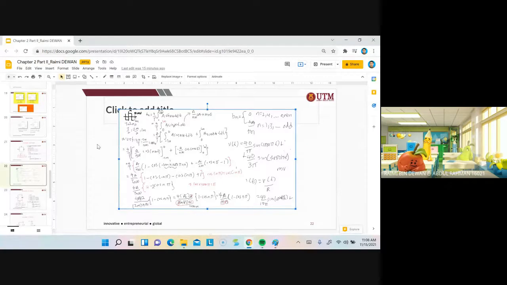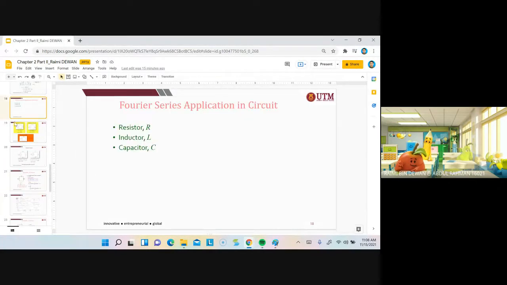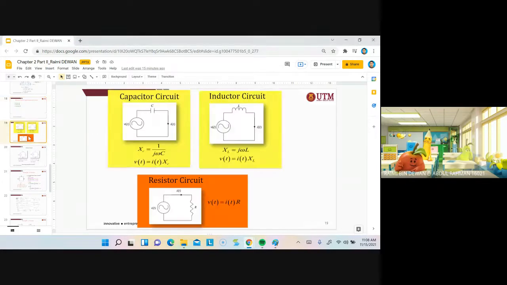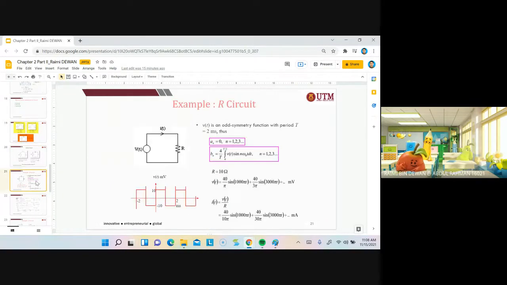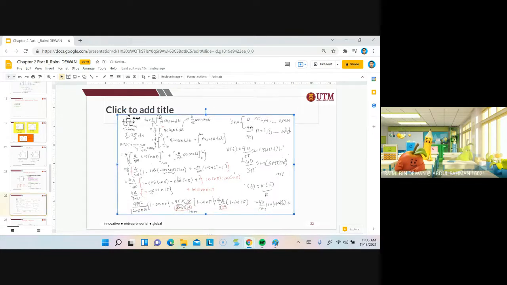This is what I can do. Where I start to explain about the Fourier series, the Fourier series application in circuits: resistor, inductor, and capacitor. For example, I explained until resistance circuits, and I provided some explanation.